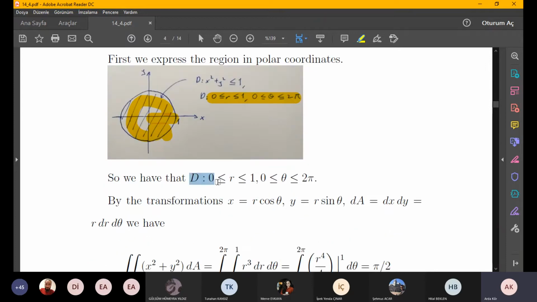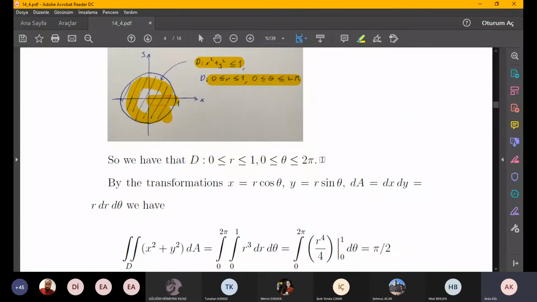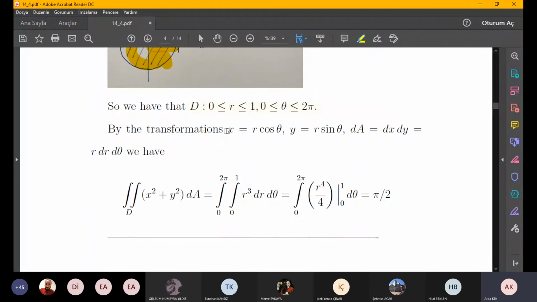So this is the region of the unit disk in polar coordinates. That will be the integration domain. And of course we will have to transform x and y into polar coordinates, and also dA.